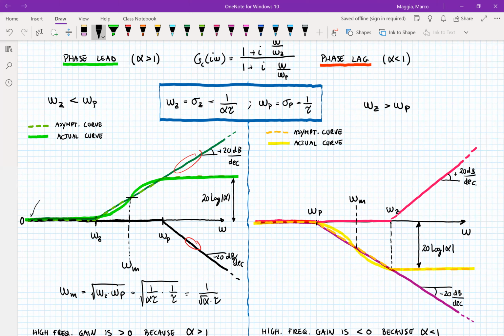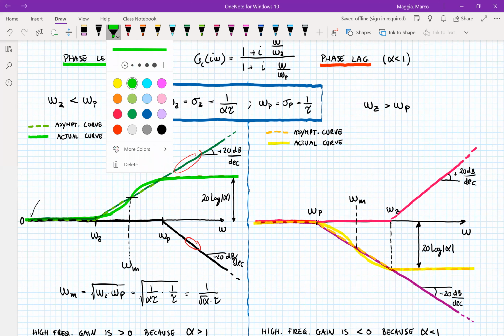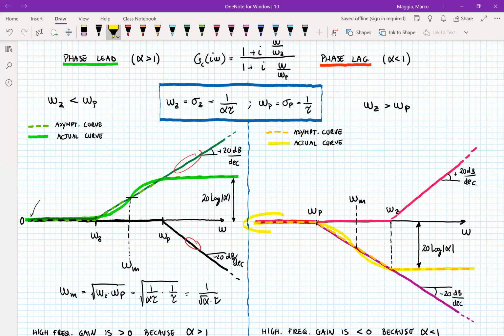You see to the right, we have the Bode plot for a phase lag compensator. It is exactly the same, but now it's flipped with respect to the omega axis. And that makes sense because at very low frequencies the magnitude is 0, but for high frequencies the value is still 20 logarithm of alpha, but for a phase lag compensator, alpha is less than 1.